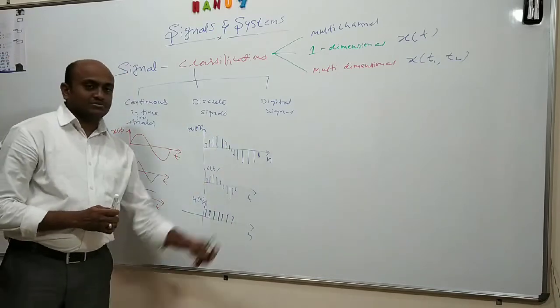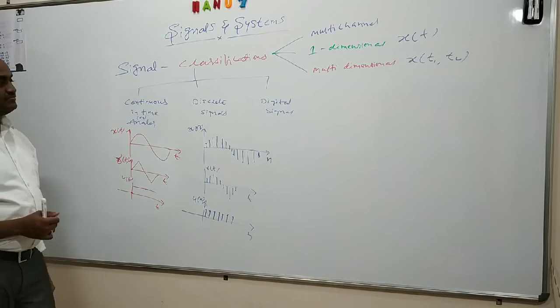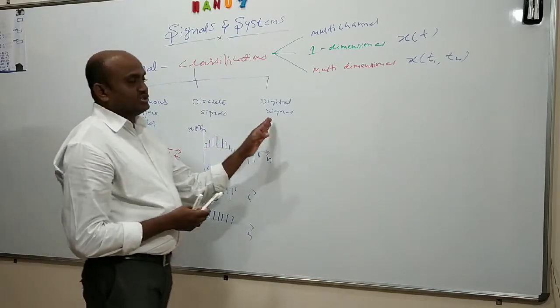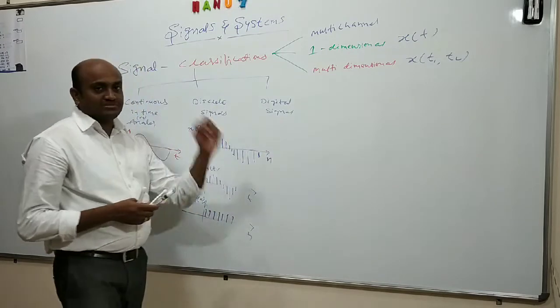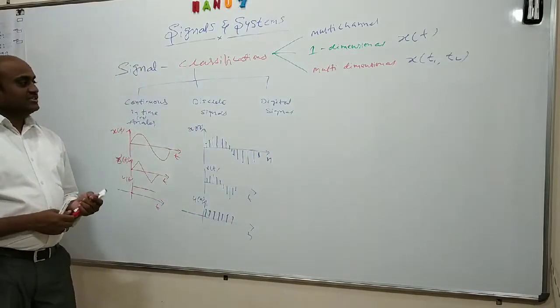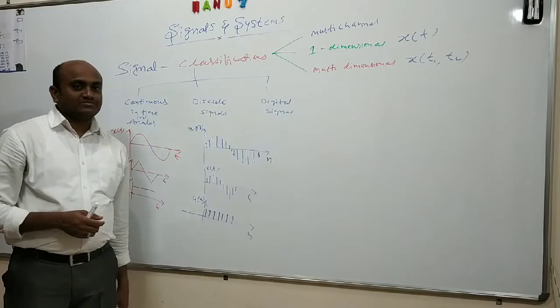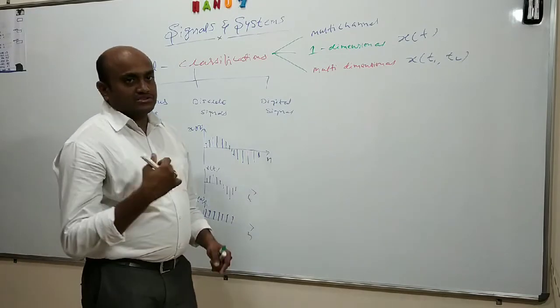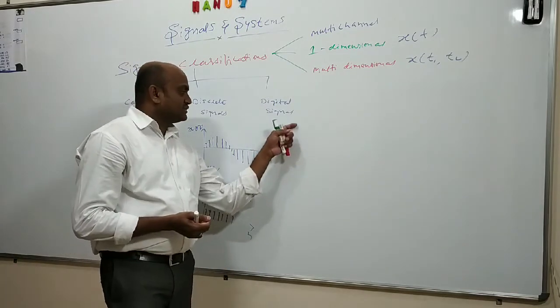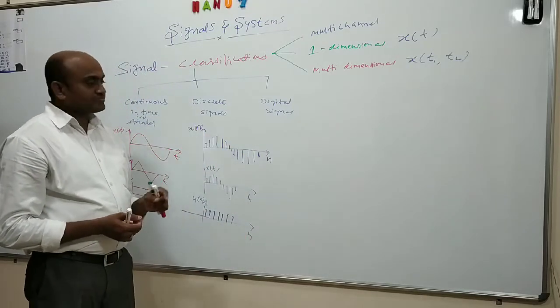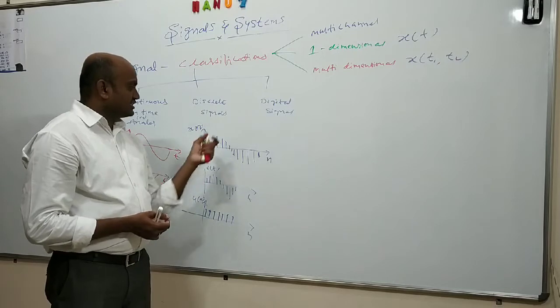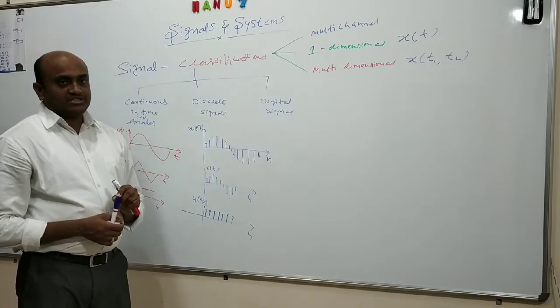Now coming to the special category, digital signals. Today we are talking about digital India, digitization. Everywhere we will use this word digital media. So what is a digital signal? Digital signals are nothing but the same as discrete signals, but the magnitude of a digital signal is quantized.